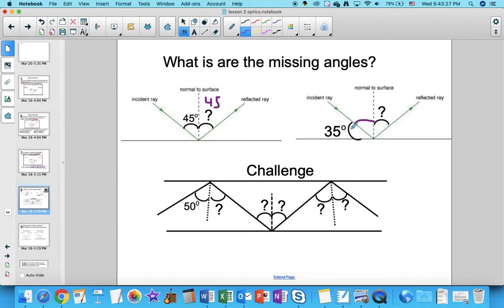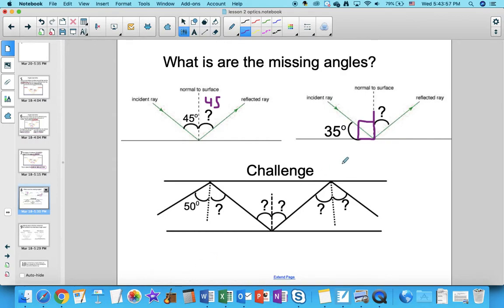Well, if I know that this is 35, and this is the surface, well, the angle from the surface to the normal, that looks like a right angle, right? If the normal creates a right angle from the surface, then we know that this whole thing must add up to 90 degrees.